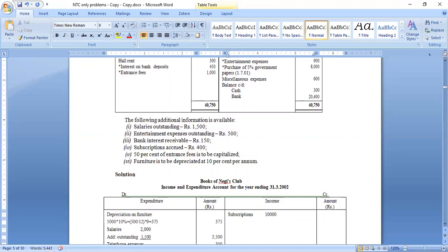And add, we have an adjustment, accrued subscriptions 400. So it comes to 10,400.